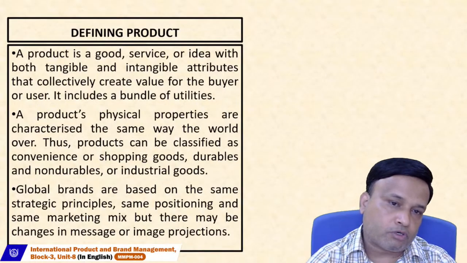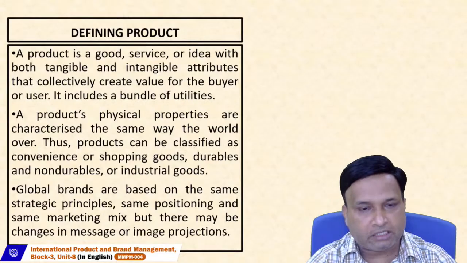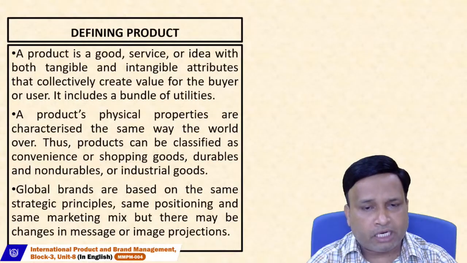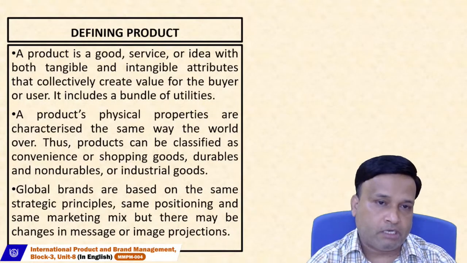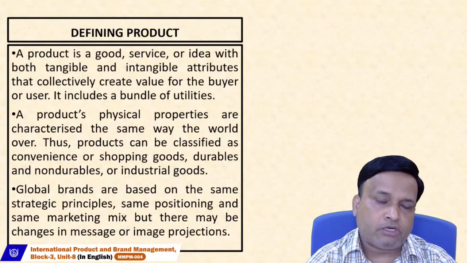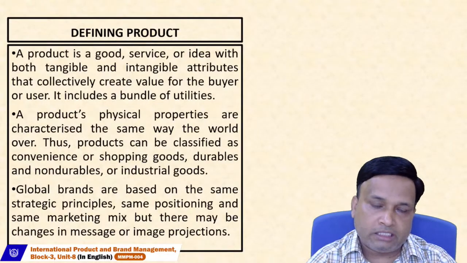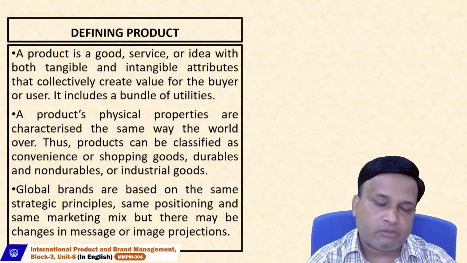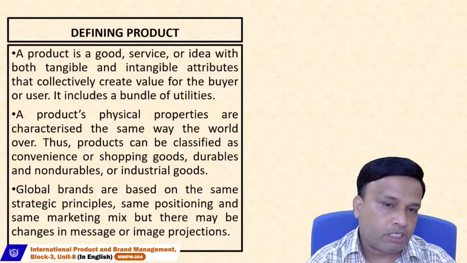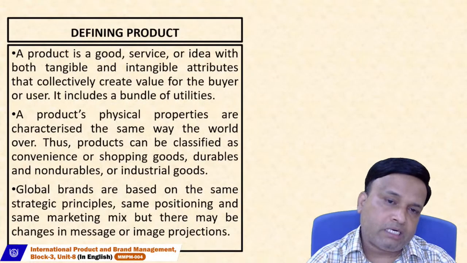If you're talking about products, US companies are more successful as compared to the European companies as far as the Indian market is concerned. Why? The reason is US companies have Indianized their products. McDonald's, Burger King, even if they are successful in other markets, when they entered the Indian market, they thought that in other markets we are offering non-veg items, chicken items, but here in India you have to offer both non-veg and veg items.